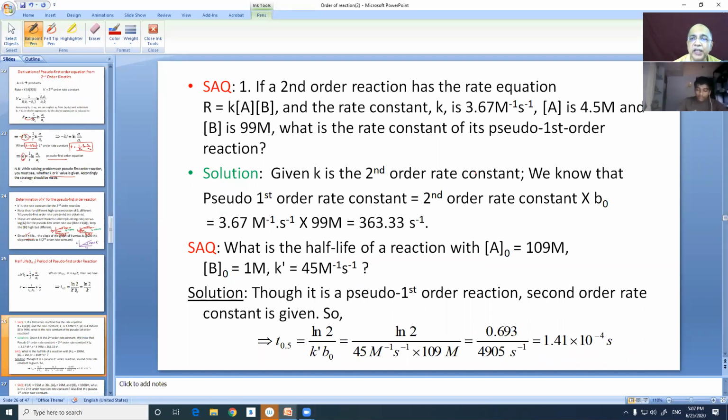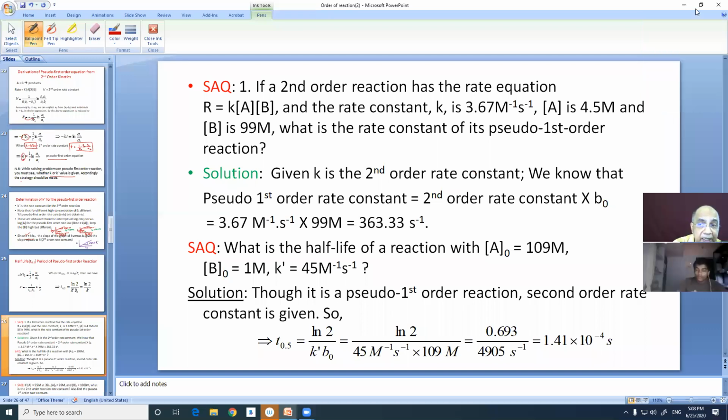If a second order reaction has the rate equation K into A into B and the rate constant, that means second order rate constant is, you can know it from the very unit. You can know that this is a second order reaction from the unit of rate constant. A concentration is so small, B concentration is so large. What is the rate constant for its pseudo first order reaction?